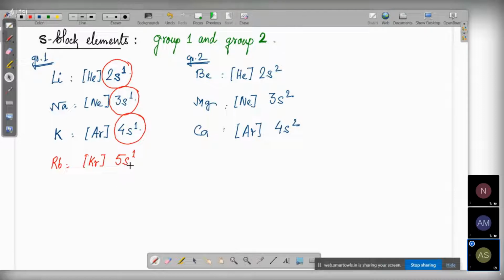Here we are getting to see that the last electron enters the s orbital. Similarly, for group 2 also, the last electrons enter the s orbital: 2s2, 3s2, 4s2.